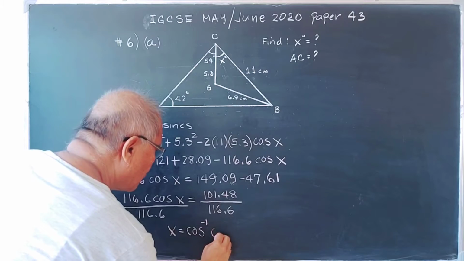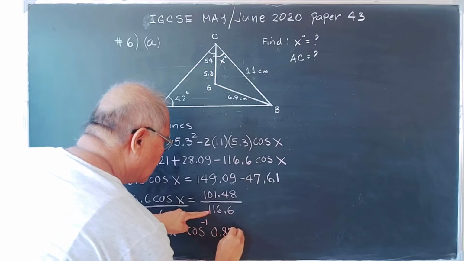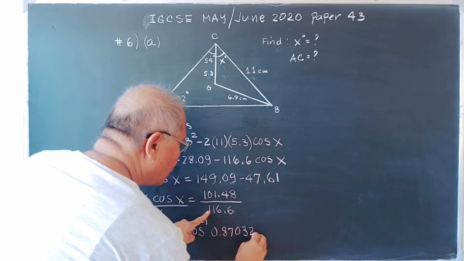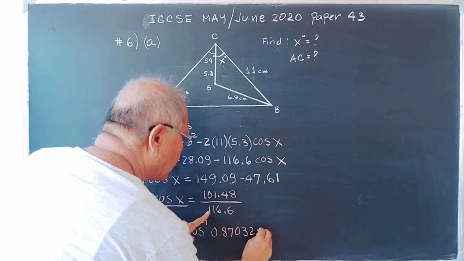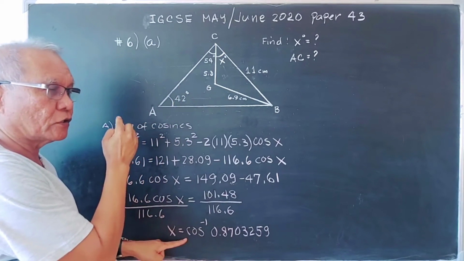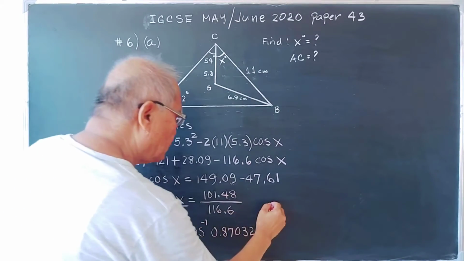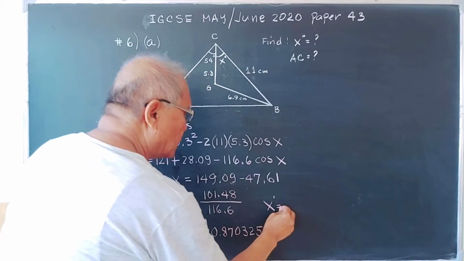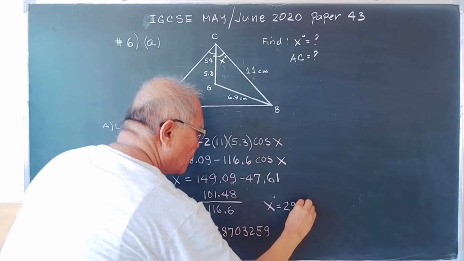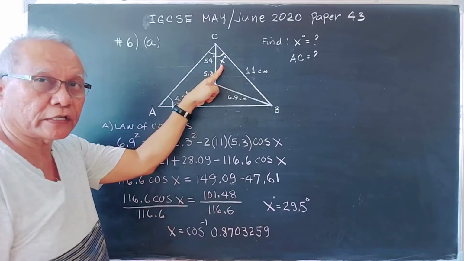If we divide this, we have 0.87032 and so on. Then press inverse or shift cosine, and the value of the angle X is equal to 29.5 degrees. That is now the value of X.